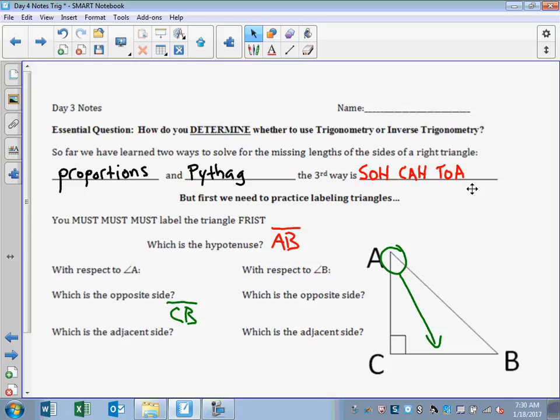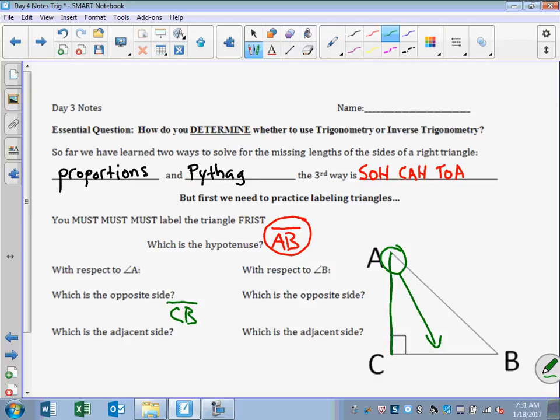But if we look back at the first question, we already said that AB is the hypotenuse, so it can't be AB. When we're talking about adjacent sides, we're talking about sides that touch the angle, share the angle. So our only other option is side AC. So that's it for that one.